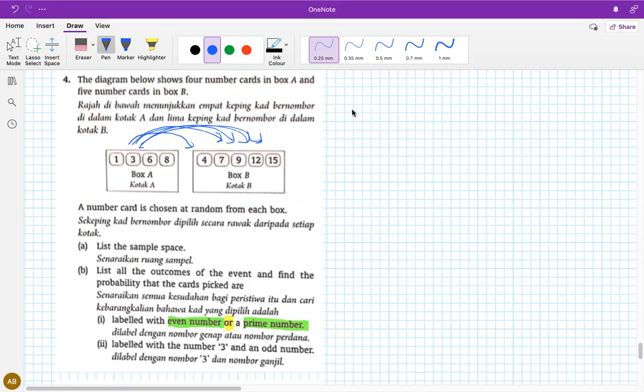So it's quite simple. If you want to make sure your answer is correct, what we do is we use the geometry coordinate method.